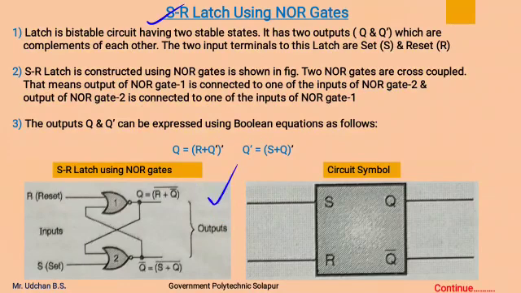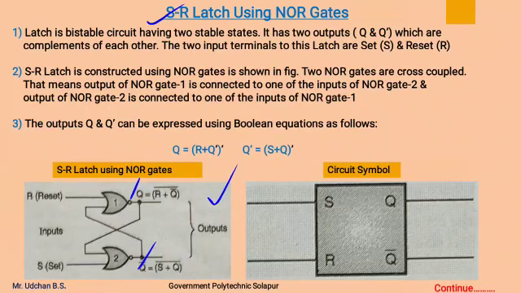This is the SR latch which is constructed using two NOR gates. This is a bistable circuit having two stable states. It has two outputs, Q and Q complement, which are complements of each other. The two input terminals to this latch are the set and reset terminals.